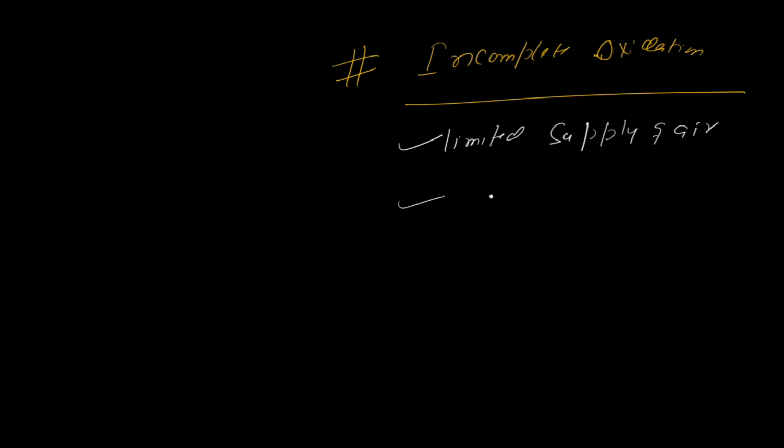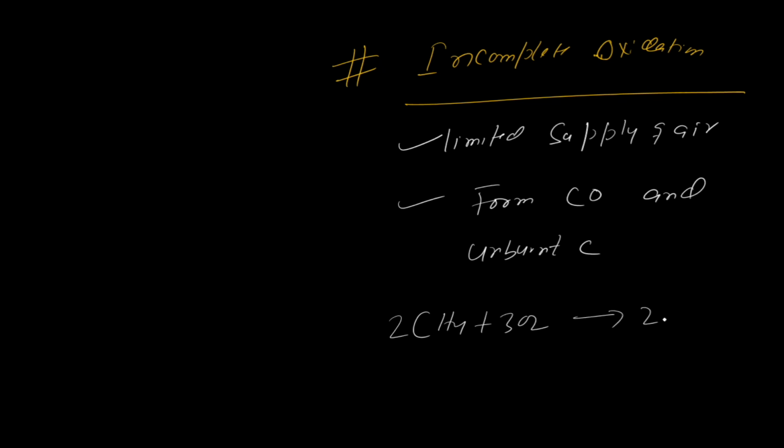What it forms is carbon monoxide, and it gives unburnt carbon. Suppose incomplete combustion of methane: CH4 plus 3O2, you balance it, then it will give you CO plus 4H2O.